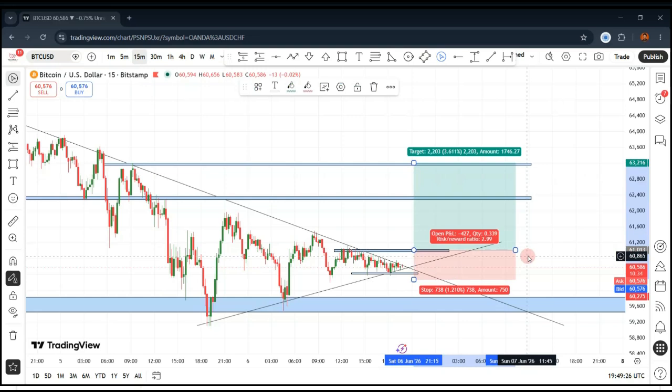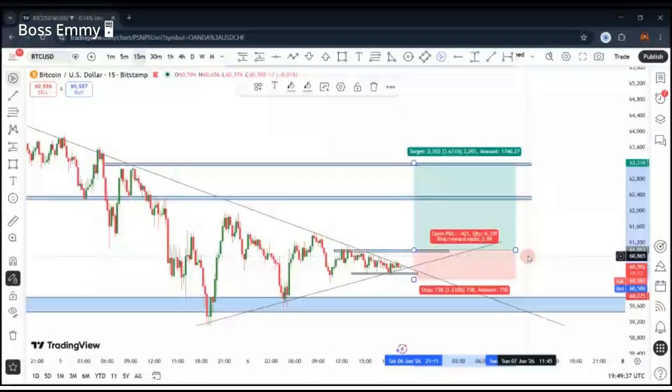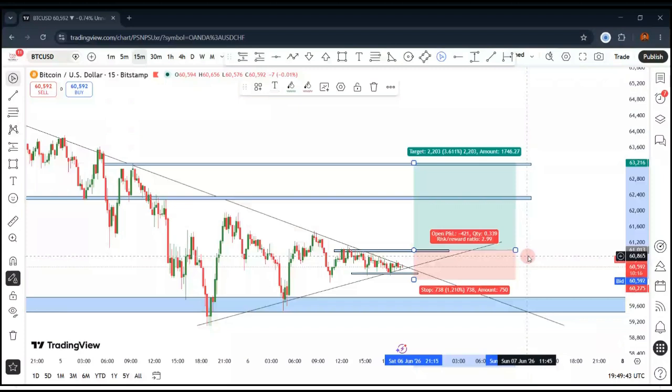This is BTC, so you tend to see higher volatility. My stop loss is 73 pips, and my take profit is 220 pips, which is a good risk to reward.